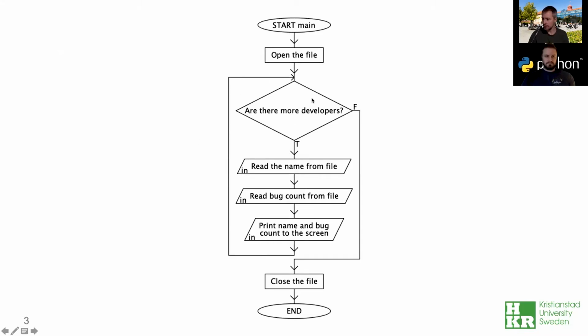And when there are no more developers, we close the file and we're done. So basically, open the file, and for all the developers, read from the file their name and the bugs, print it to the screen, and then when we have done that in a loop, we're done and we close the file. All right, so that's what we're going to do. We have a plan for how to do it. So let's see if we can do it.